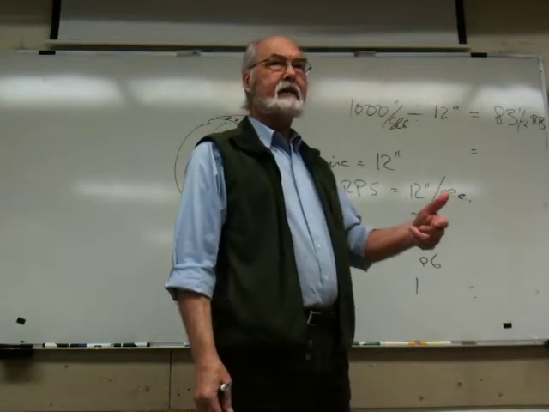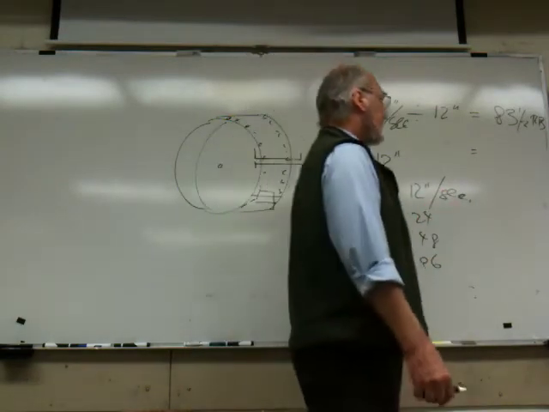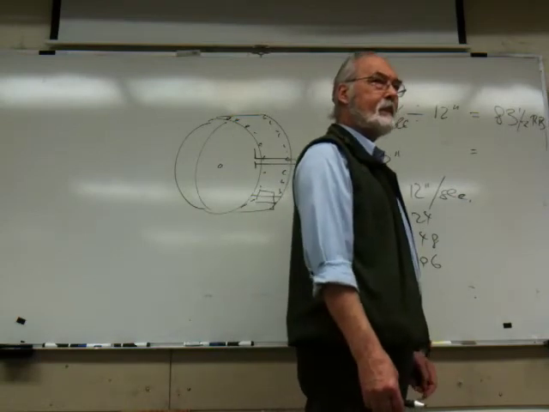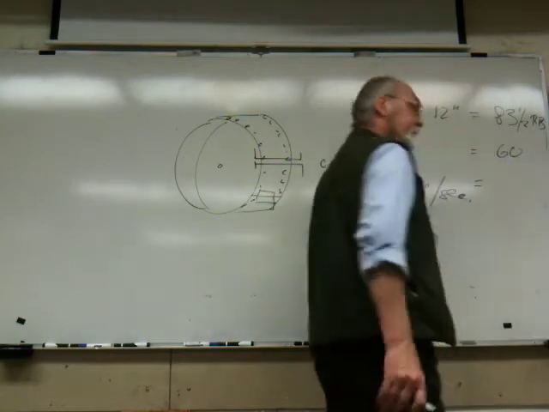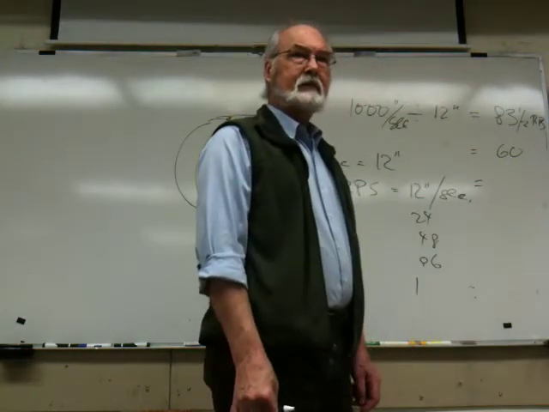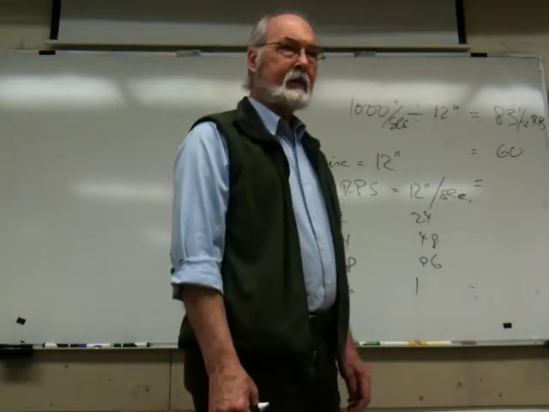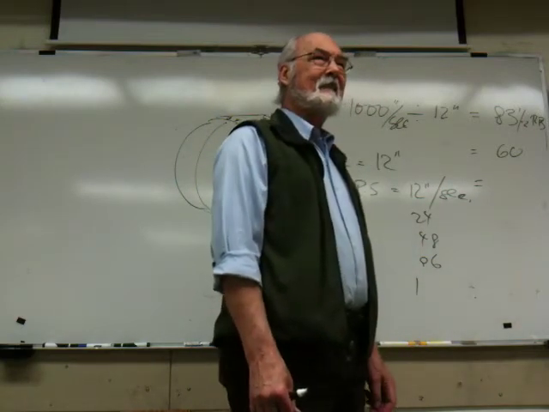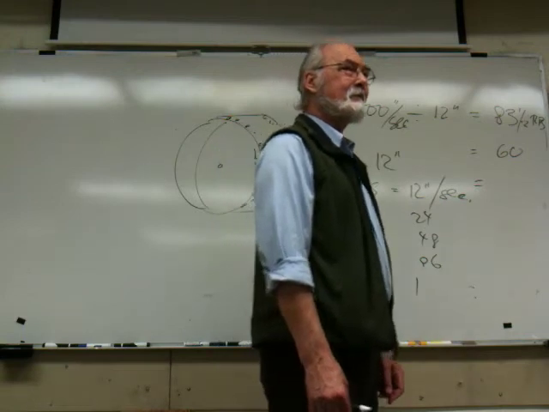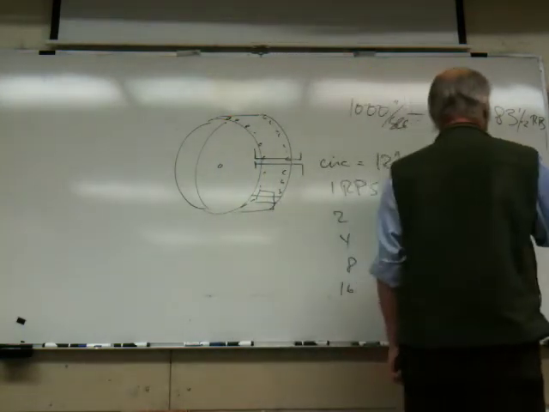Well, typically, rotation rates are given in RPM, not in RPS. So how do we end up with RPM? Multiply by 60, and can anybody tell me what that is? I could do it, but... 4,998.